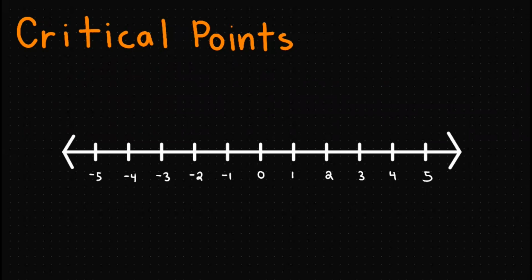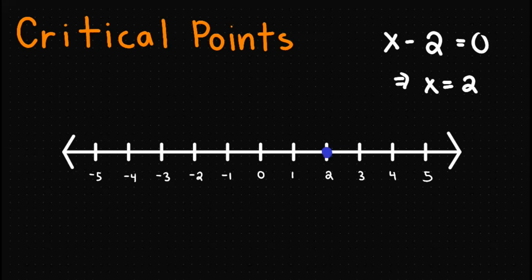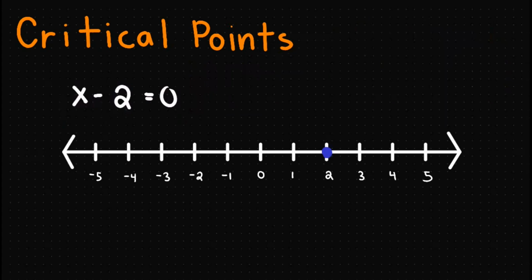Well, if we have x minus 2 and we equate this to 0, then we know that the outcome is x equals 2. So let's plot that one. And from here, observe that in x minus 2, if we plug in values from the left side of this point, the outcome will be negative.